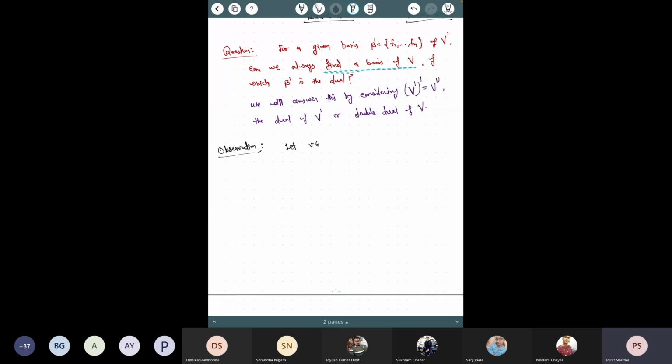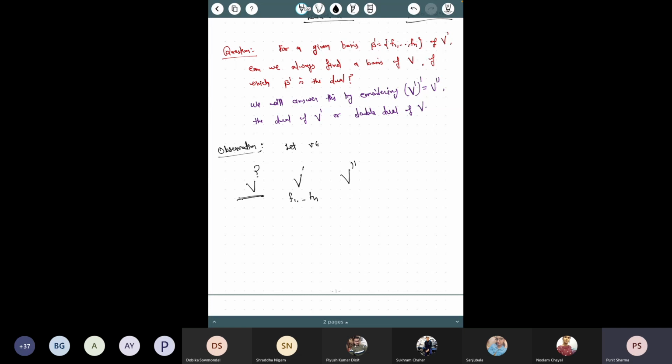Now let me give you this idea. What we have is v dash right now, and we want to find a basis for v such that the given basis of the dual space is the dual of this basis. Given this f1 to fn, I want to find vectors in v. Instead, I will find these vectors by somehow going to the double dual of v.